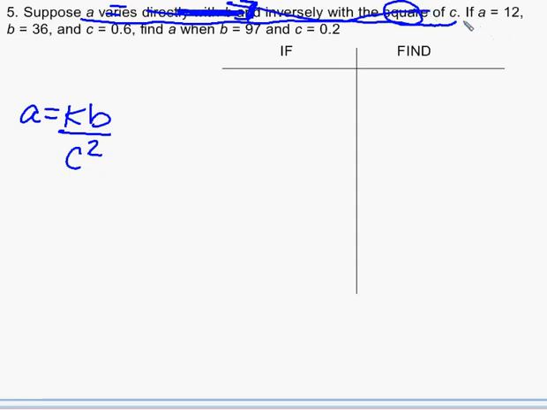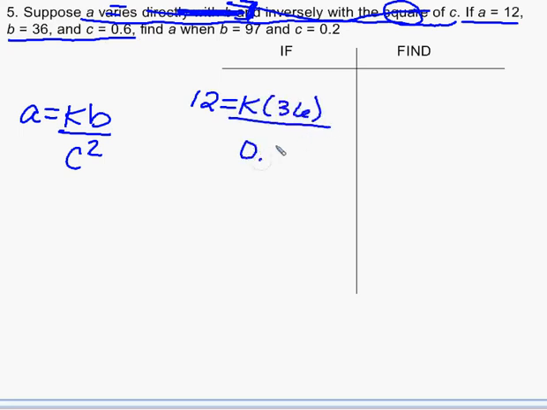Our if statement, if A equals 12, B equals 36, and C equals 0.6. So A is going to be 12 equals K times 36 all over 0.6, but we have to square it because that's what it is in the equation. And let's clean this up.